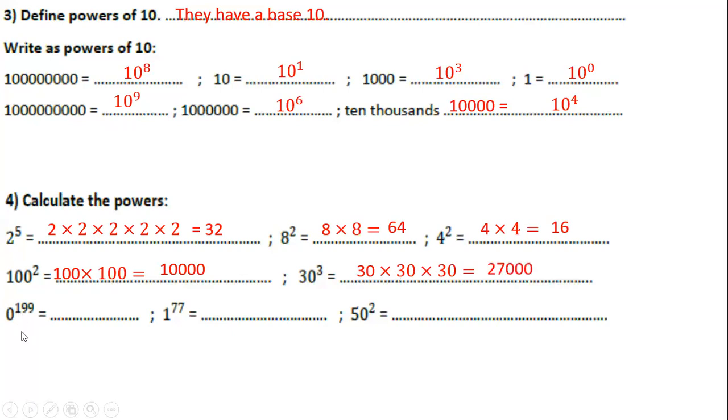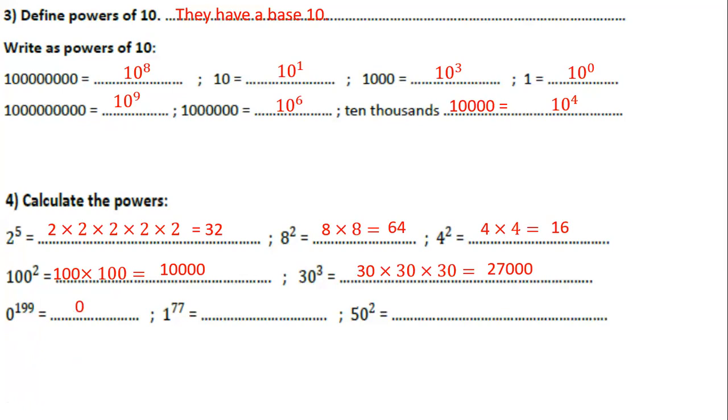Here, Lamar Sufan, we have 0 to the power 199. Yesterday, I said when the base is 0, it's no use to write 0 times 0 times 0, as if I am multiplying 0 by itself 199 times. Directly, it gives me 0.